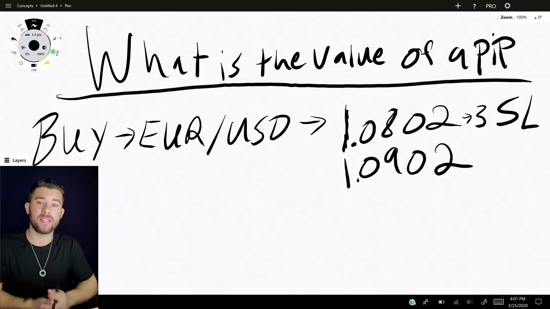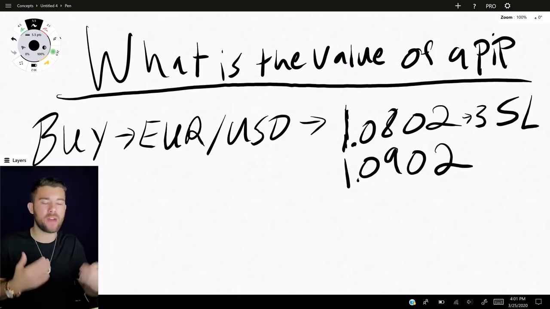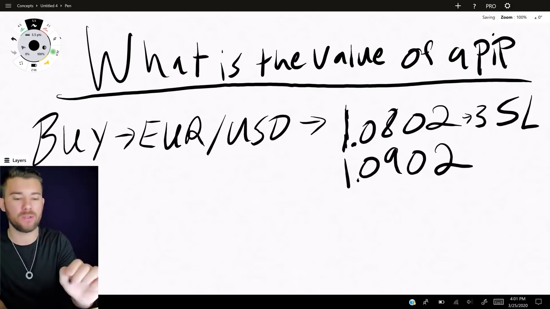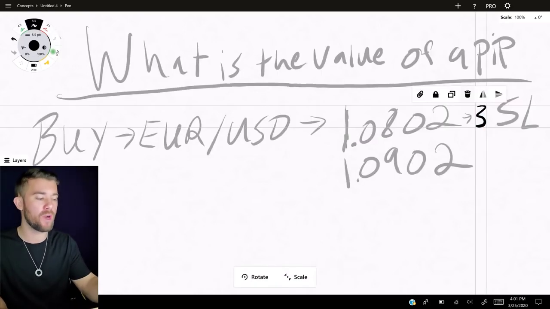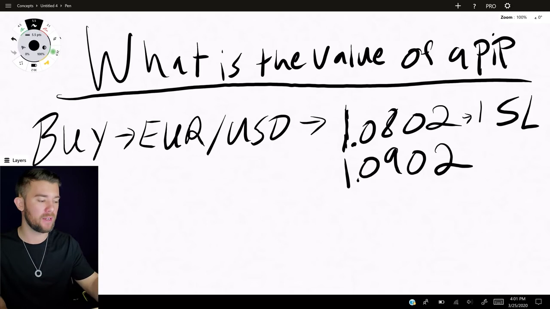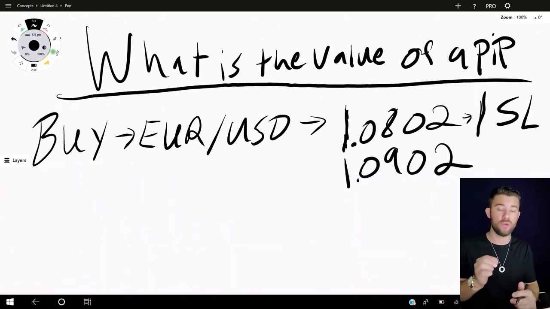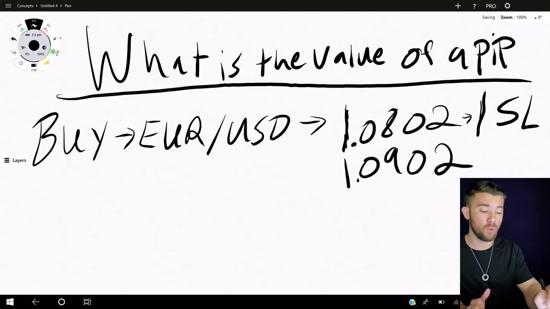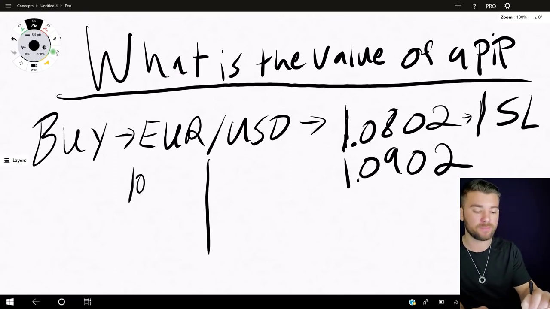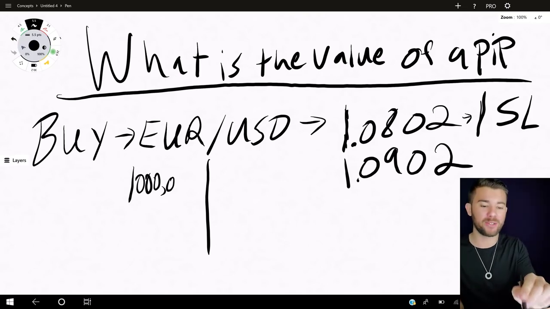Now let's look at this in a different way that always helped me to better understand what's actually going on whenever I place trades. So let's move back to placing a buy order with 1 standard lot on the euro dollar. If you're doing this, essentially, you are telling your broker that you want 100,000 euros. Not 1 million euros, 100,000 euros.